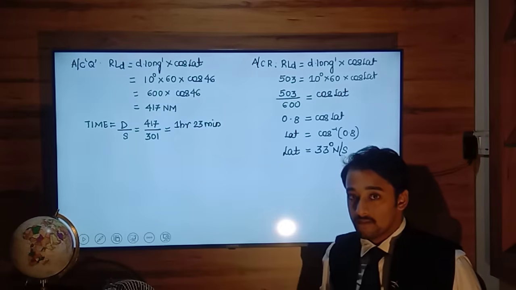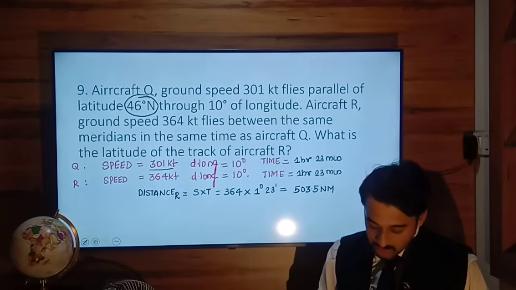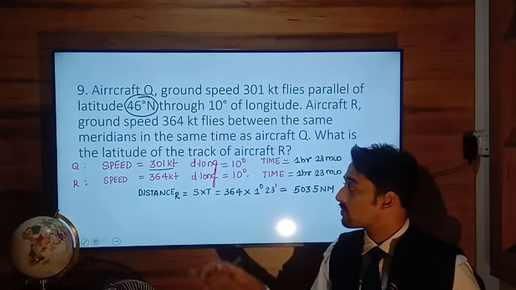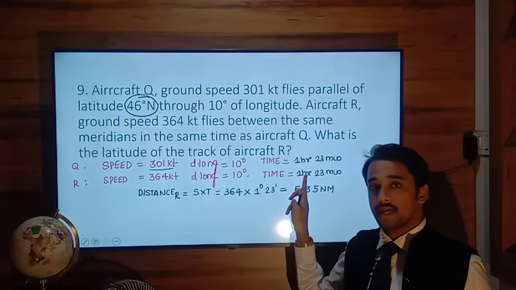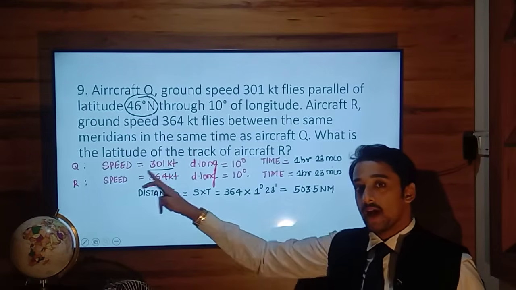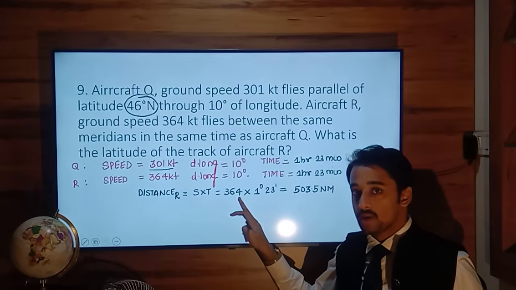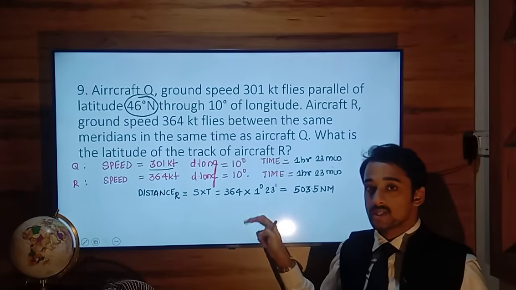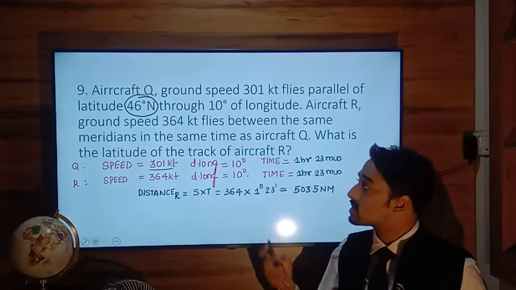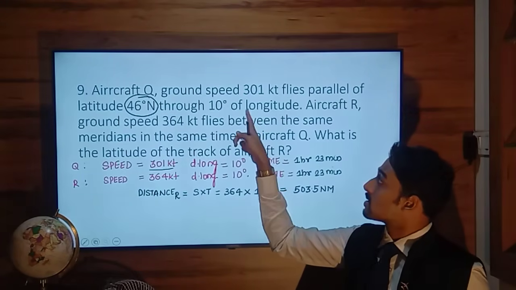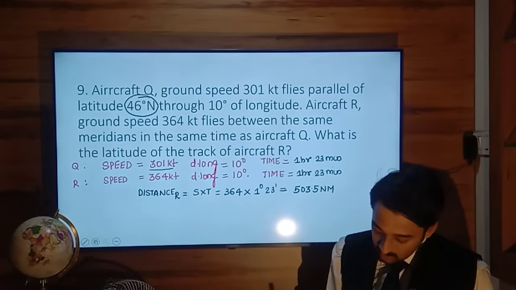Now, the time taken by aircraft Q is the same time taken by aircraft R. So we wrote that here. When we have speed and time, it is easy to calculate distance using the speed into time formula. So we got the distance, which is nothing but a Rumline distance since d long is given in the question.